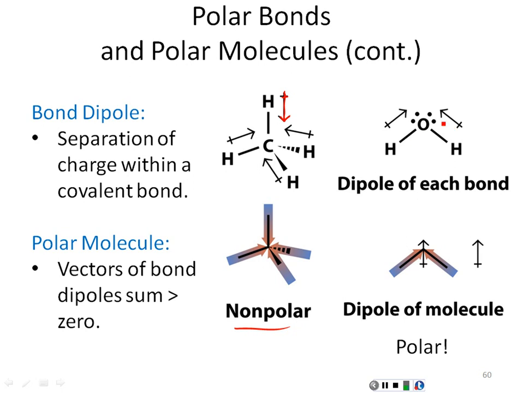Water. Now we have polar bonds, but because of the lone pairs, this molecule is not symmetric, and we get a net dipole.